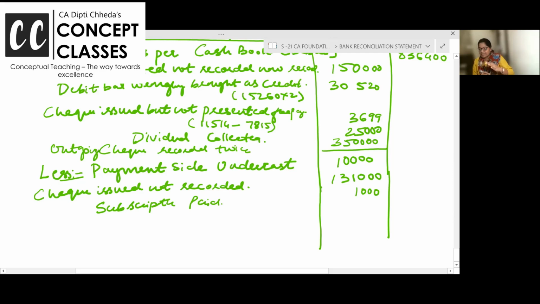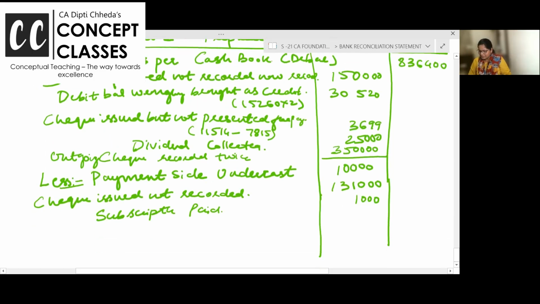So twice it is credited. One credit is correct. Another credit to nullify, you debit it. ठीक है? Okay. Nice, no? Easy and simple problem it is.